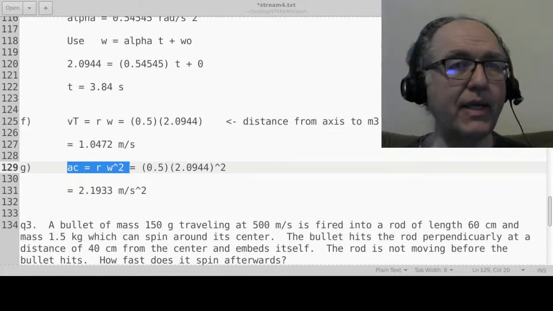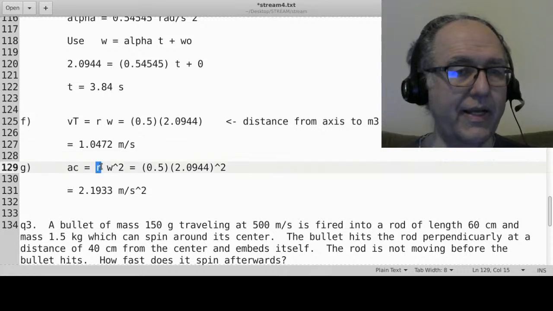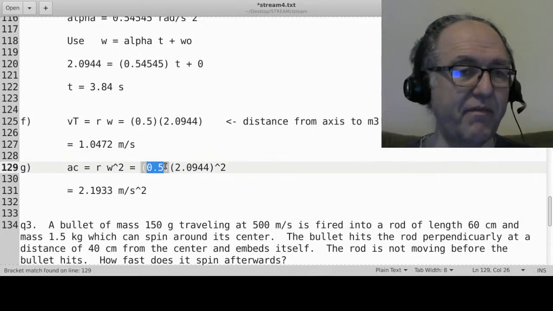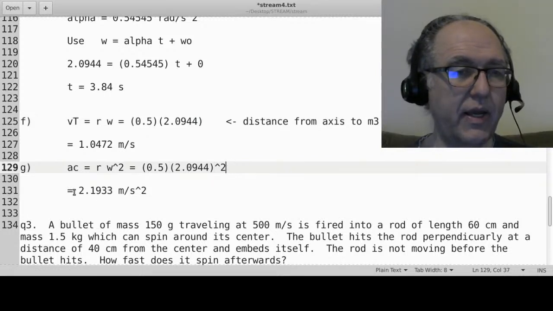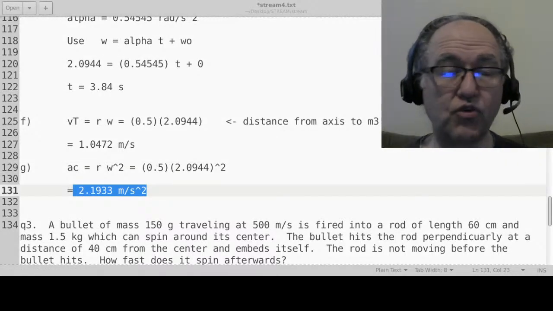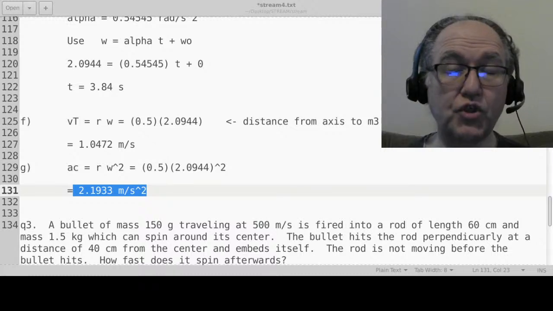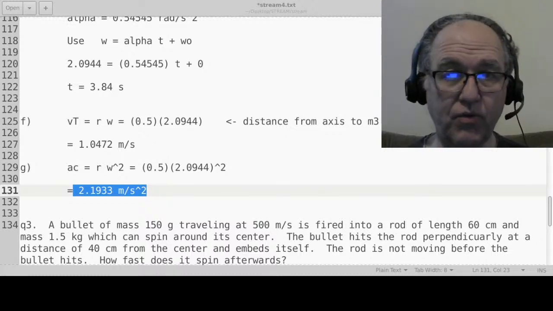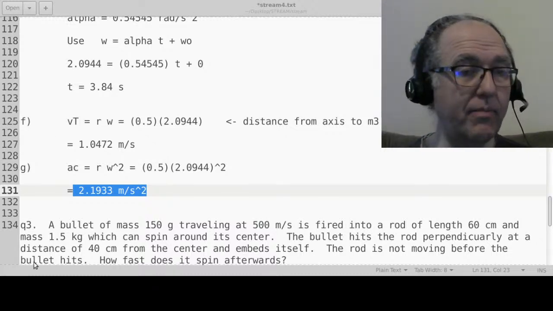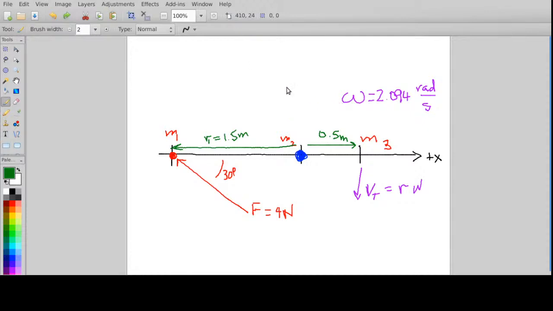Okay, and so here we have r for m3 is 0.5, and omega, well, that's the same omega as above, is 2.0944 squared, and so that gives us a centripetal acceleration of 2.1933 meters per second squared.